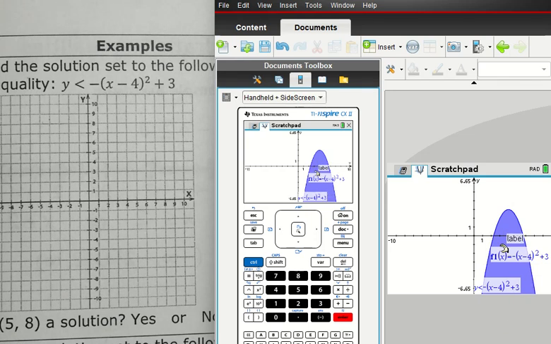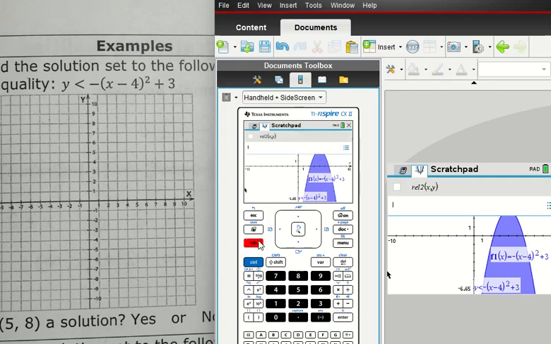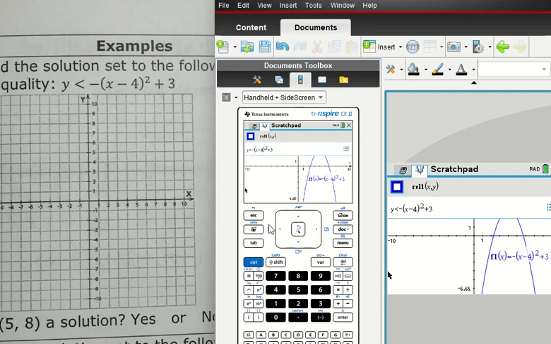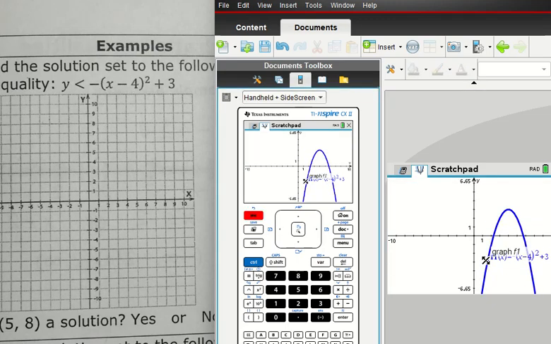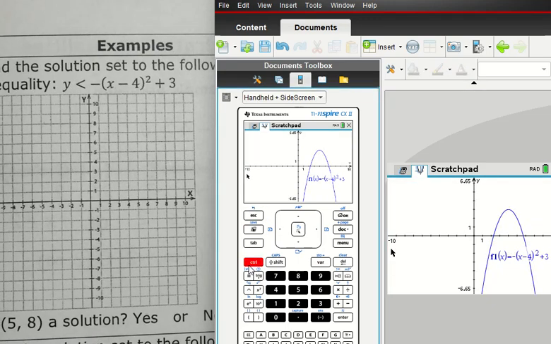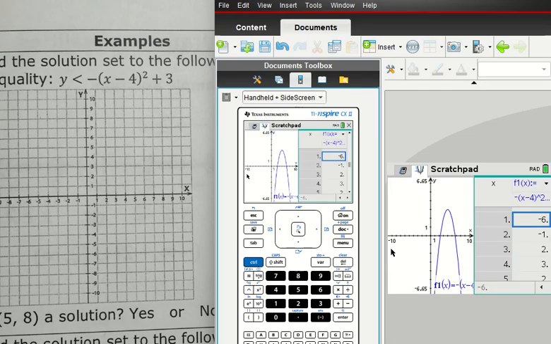The difference too is that if you type it on equation, not relation, you can get your table of values by pressing Control T, and all those points on the graph are there in the table.